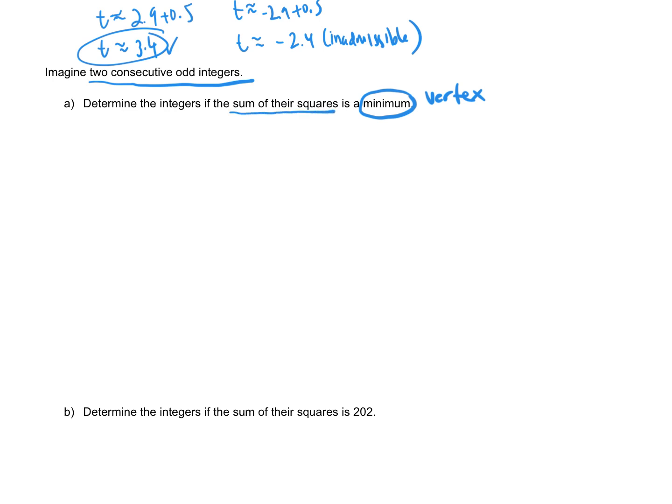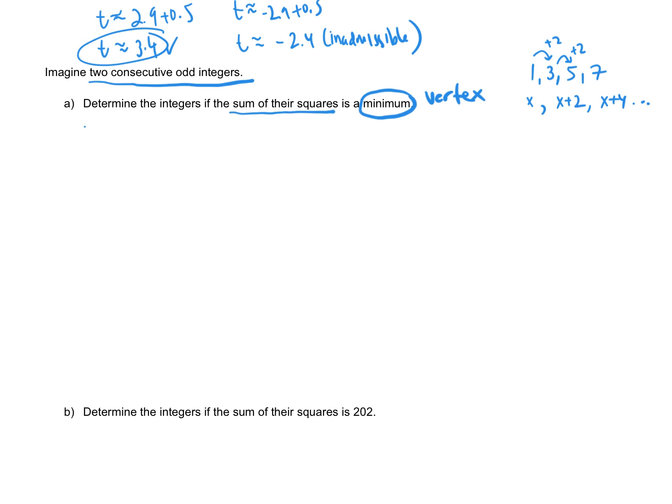But it, of course, all starts with let statements. I have two consecutive odd integers. As a reminder, this could mean something like 1, 3, 5, 7. These are consecutive odd, and to get from one odd integer to the next, we're adding 2. So that means if my first integer is x, my next one is x plus 2, and the next one is x plus 4, and so on.